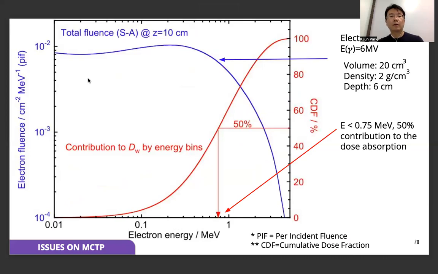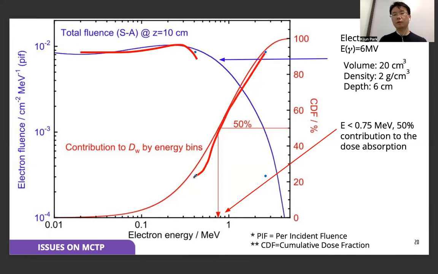Same thing here with the energy dependence of electron fluence. As you see, the electron fluence is shown by the red and blue curves, and at the same time the cumulative dose fractions are on the right-hand side, shown by the red curve.